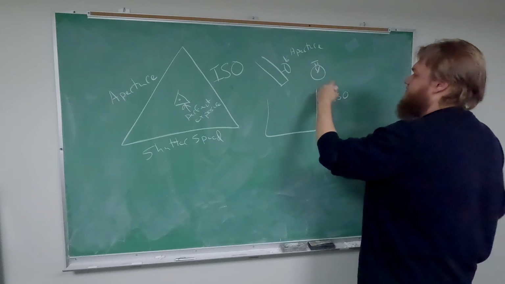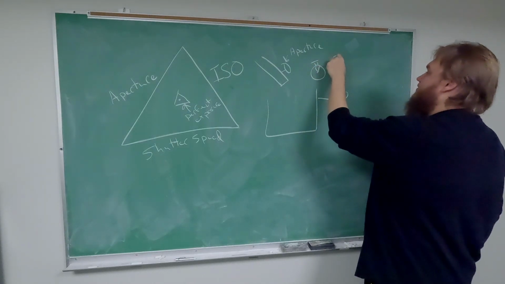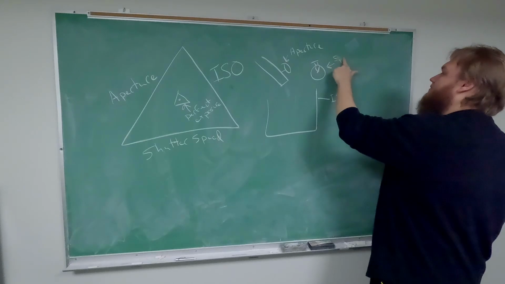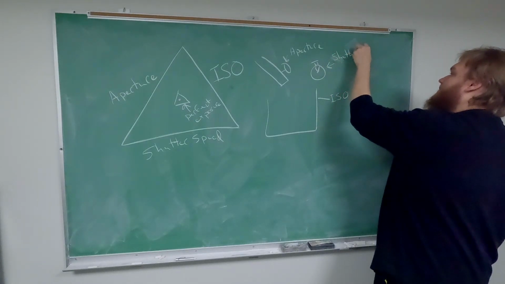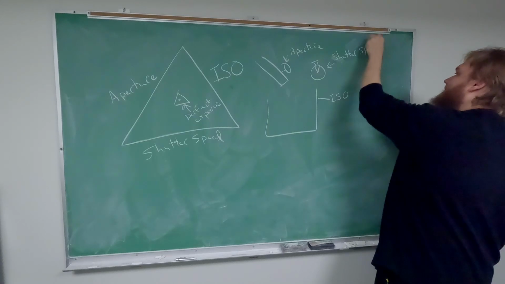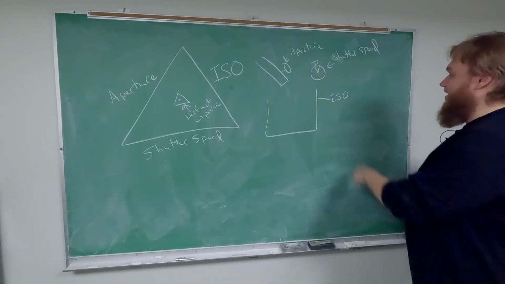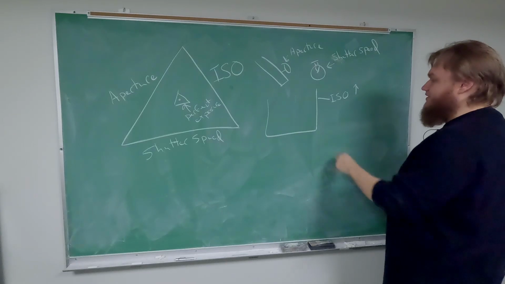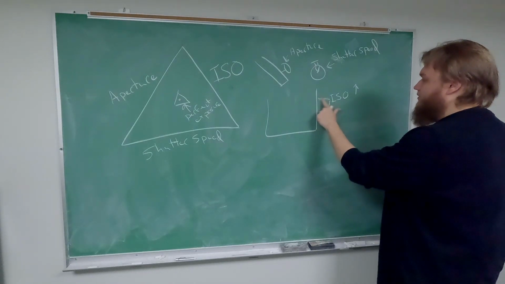Okay, so let me label this. So this is our shutter speed. And we want to get to a particular fill line. Now, as our ISO increases, our fill line is going to go lower.